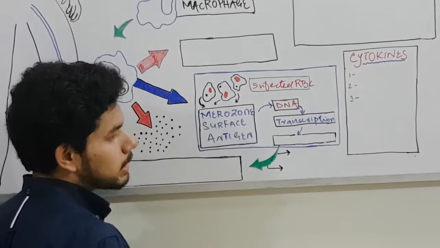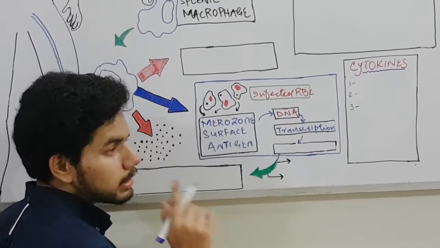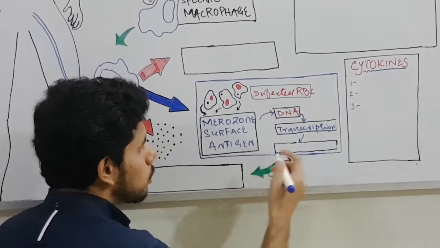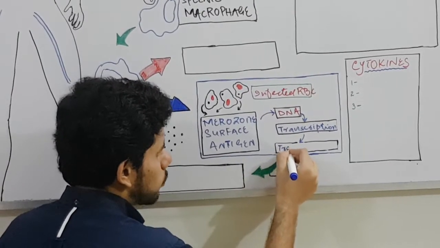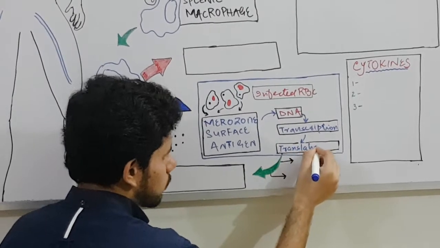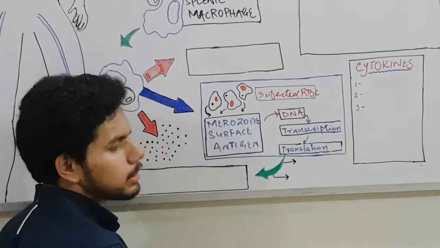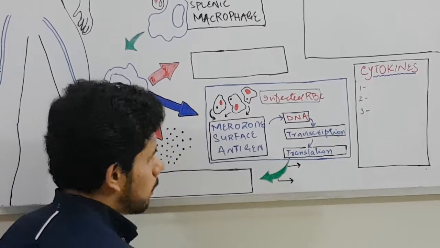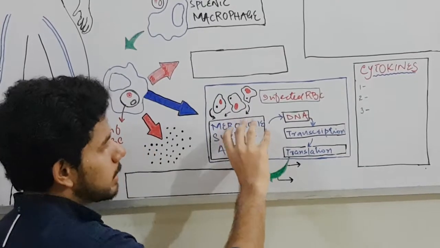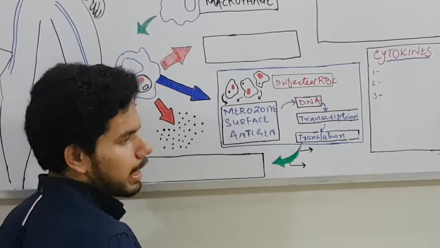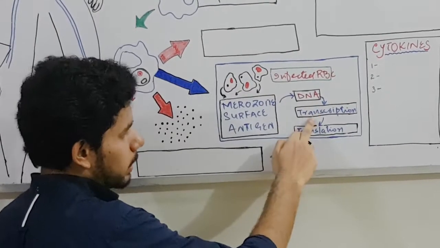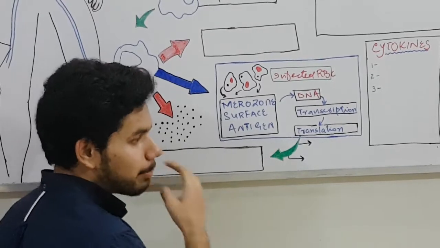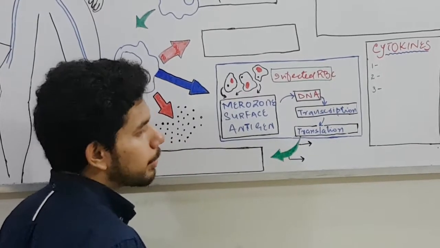As a result of this transcription process, the mRNA is made. And what does mRNA do? You know that mRNA does translation. This whole process is known as protein synthesis. So the merozoite surface antigen makes changes in the DNA of the macrophage, then the DNA starts transcription, or making mRNA. The mRNA comes out of the nucleus and starts the process of translation, forming new proteins.